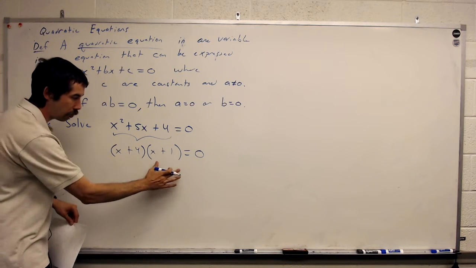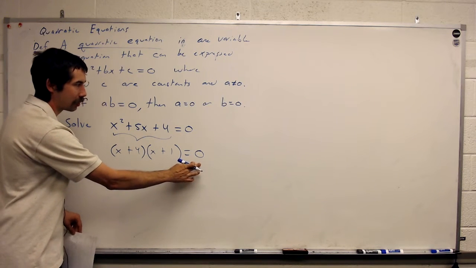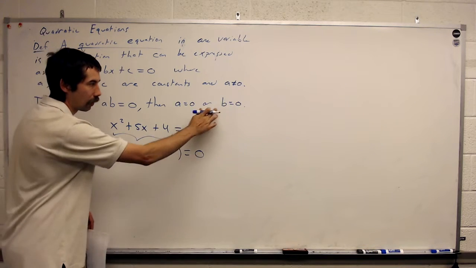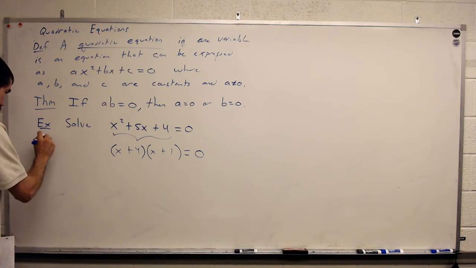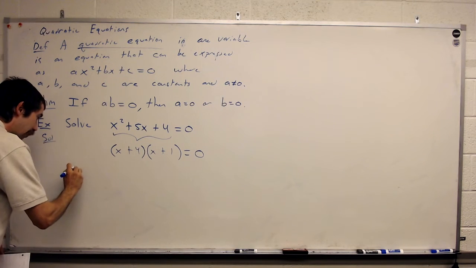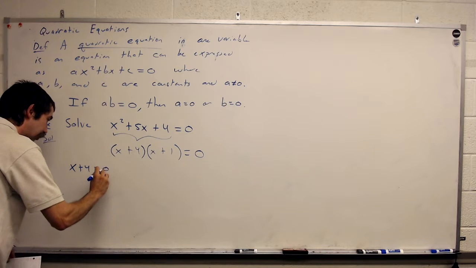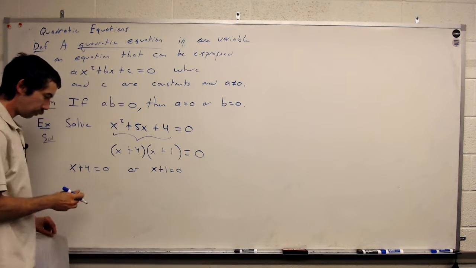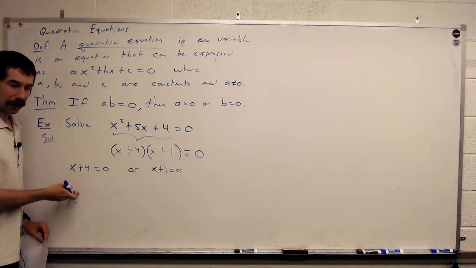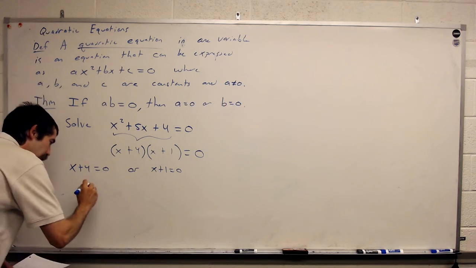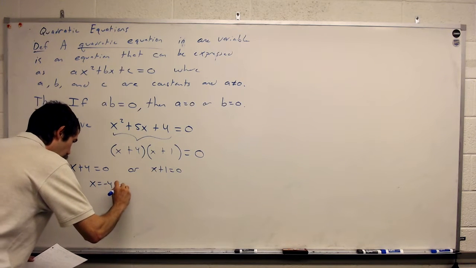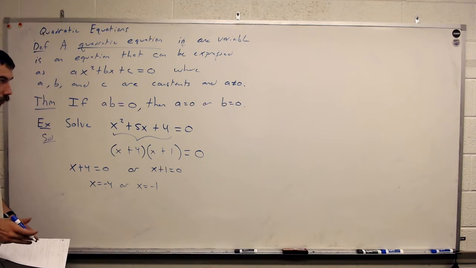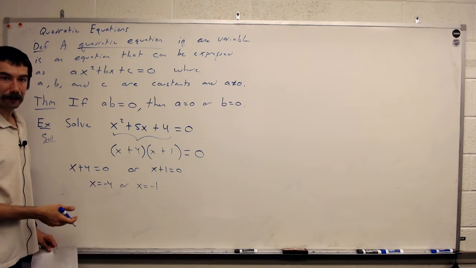And now we have two numbers that multiply together to give us 0. So it's either the case that the first one is 0 or the second one is 0. So we have x plus 4 equals 0 or x plus 1 equals 0. And this is easy to solve, right? X equals negative 4 or x equals negative 1. All right, and it's as simple as that.